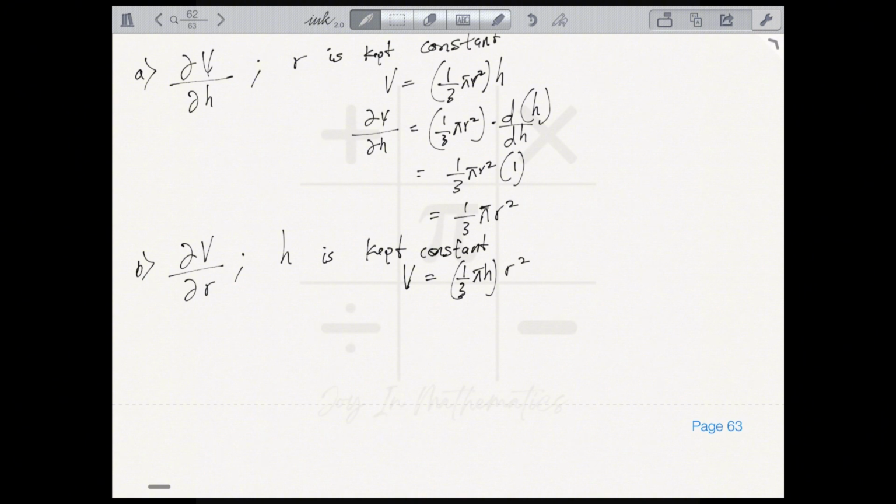Therefore, our partial derivative of V with respect to r is 1 over 3 pi h as the constant multiplied by the differentiation of r squared with respect to r. So this will give us 1 over 3 pi h multiplied by 2r, and in short we are going to have 2 over 3 pi r h.